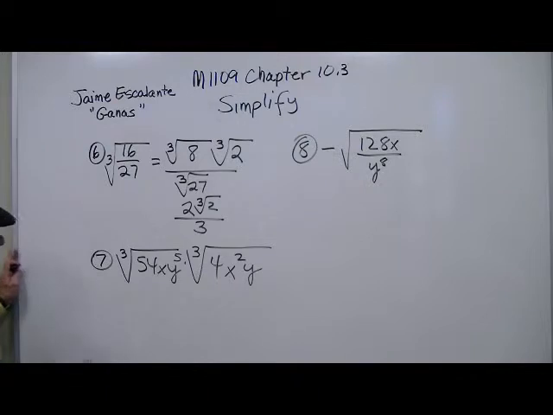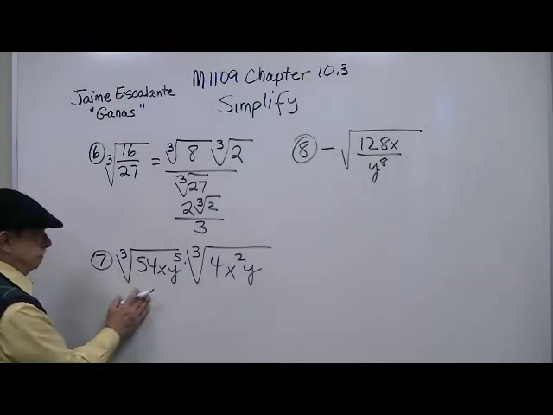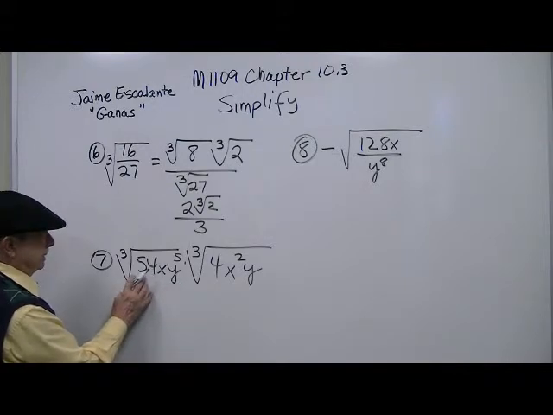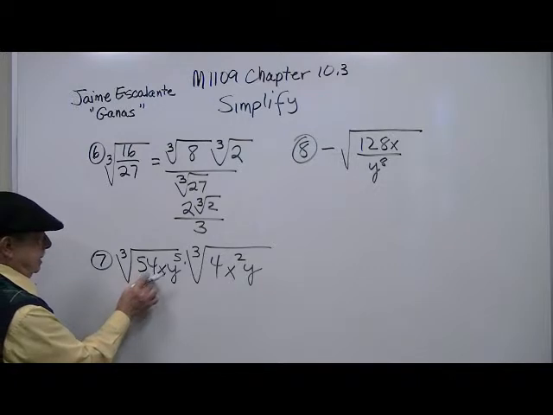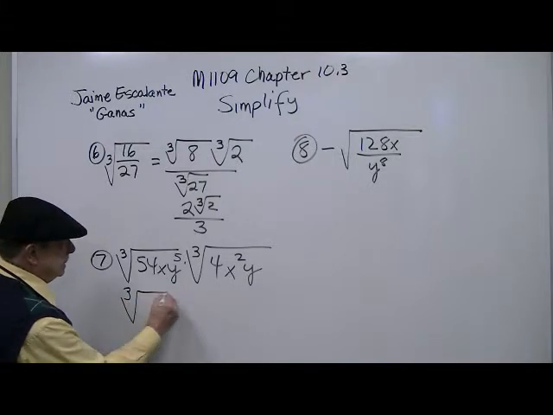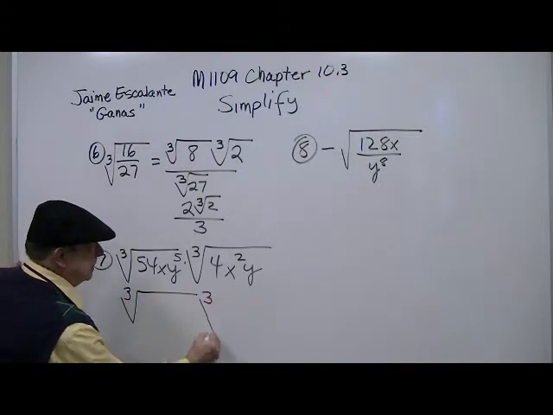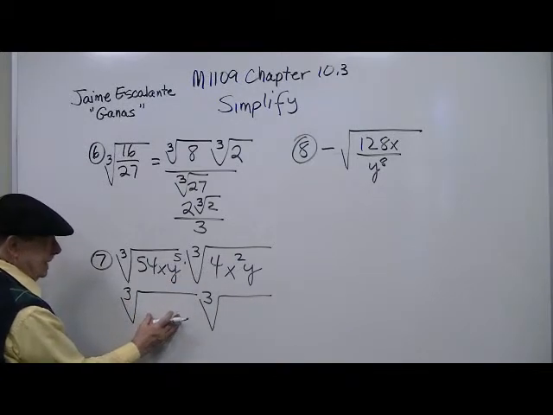Now, an interesting thing happens in number 7 here, because if I take this and divide it by 2, and let's just do that, same technique. We want to put all the perfect cube factors under this.